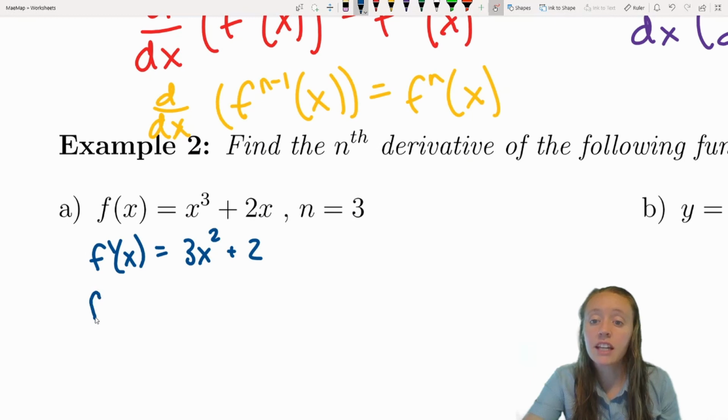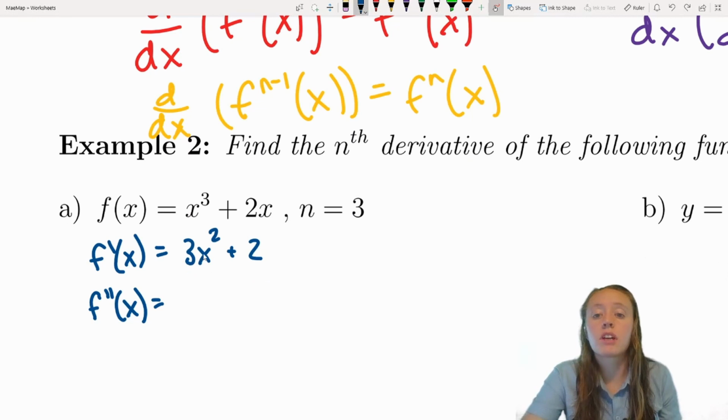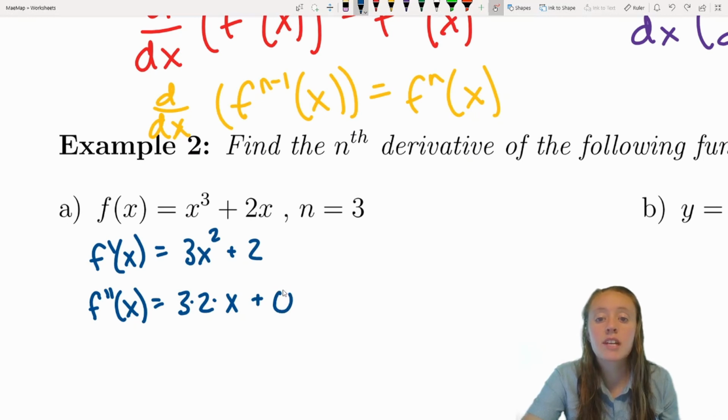Now if we take the second derivative, f double prime of x, so now we're at an n value of 2, that's going to be the derivative of our first derivative. 3x squared, the derivative of that, 3 stays out in front, bringing down that exponent of 2, so that would be 3 times 2x to the 2 minus 1, so 3 times 2 times x, plus, now we have a constant, so that derivative is 0.